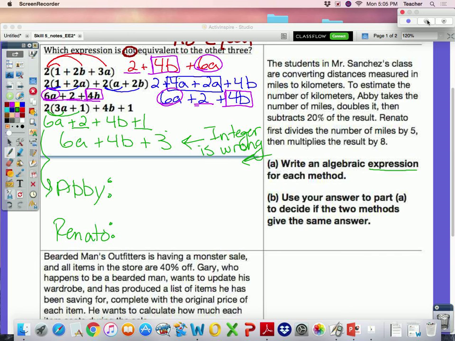All right, back at it. So let's look at Abby. So it says, Abby takes the number of miles, which when we don't know something, what are we going to call that? A variable. We can just use M. Doubles it. We use our miles. Doubles. What does it mean to double something? Times 2. So let's use that coefficient, 2, doubles it.